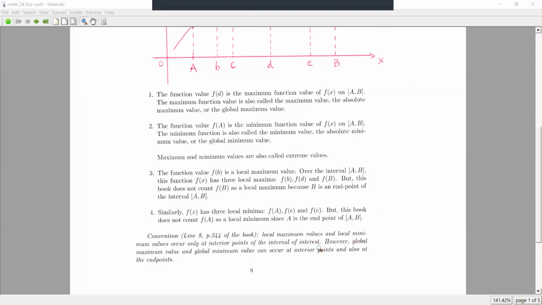A point that is not an endpoint is called an interior point. However, global maximum and global minimum can occur at interior points and also at endpoints.